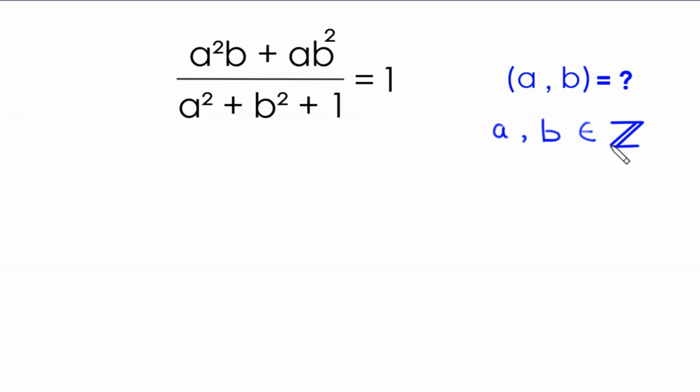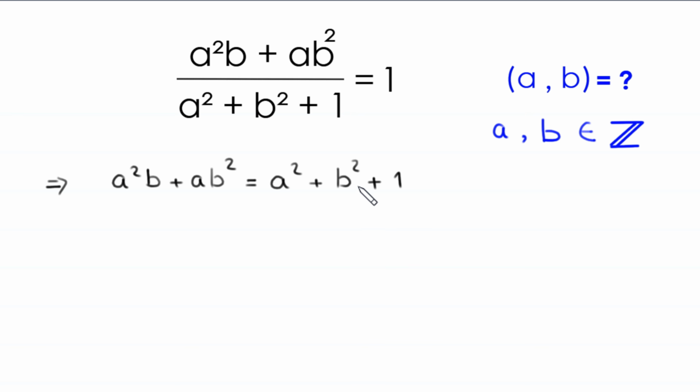So let's start. If we multiply both sides of this equation by this denominator, then this implies that a squared b plus a times b squared equals a squared plus b squared plus 1.